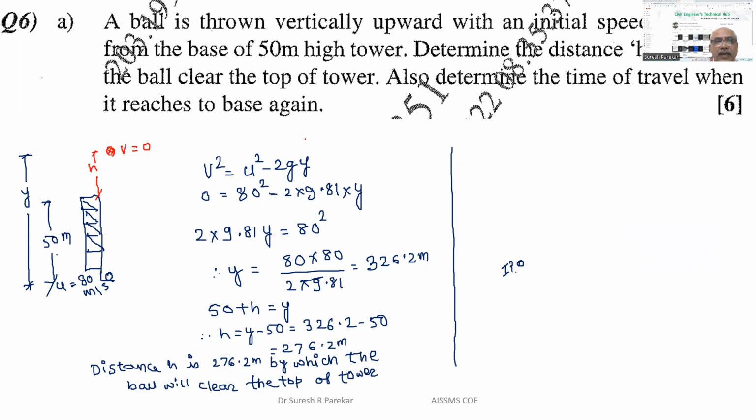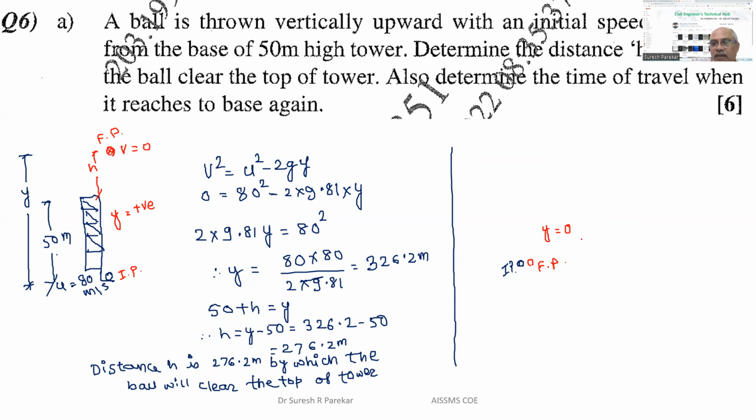Determine the time of travel when it reaches the base again. So again it will reach the base. So this is the final position, and this is the initial position. And therefore we have y positive. Now here the initial and final positions are the same, so the value of y is equal to 0.